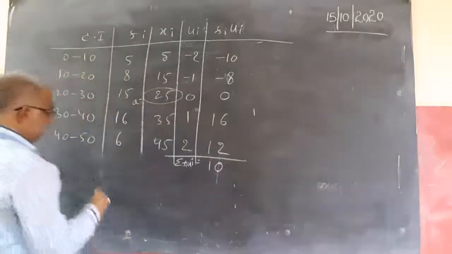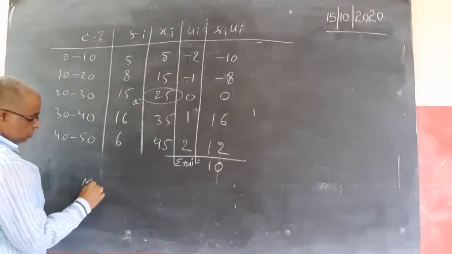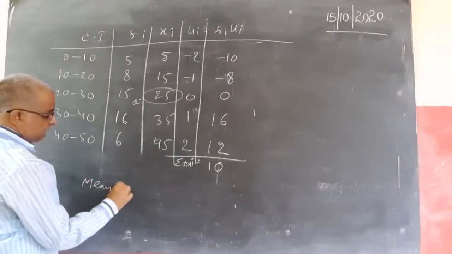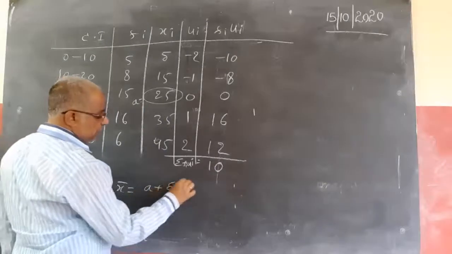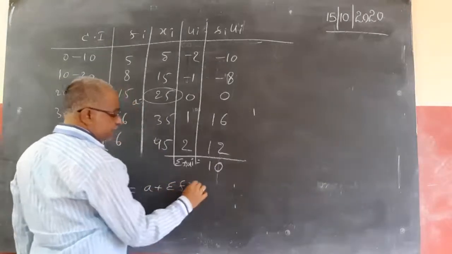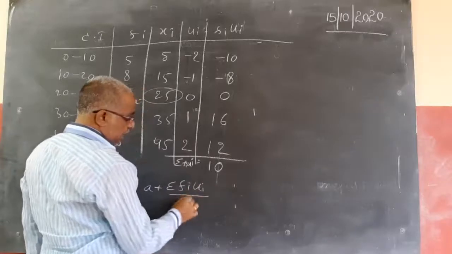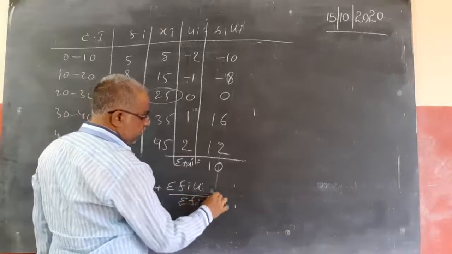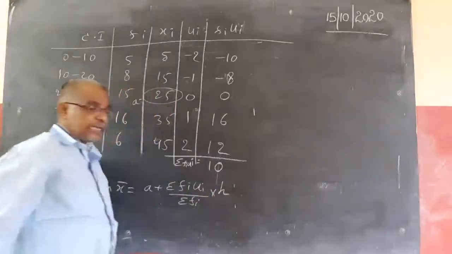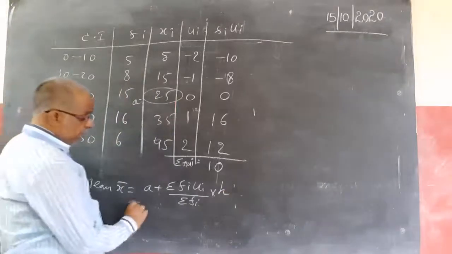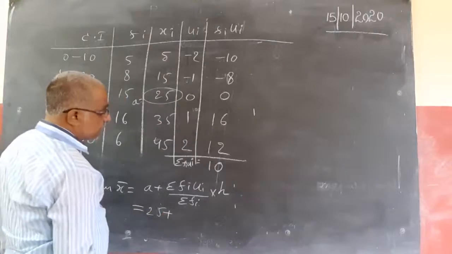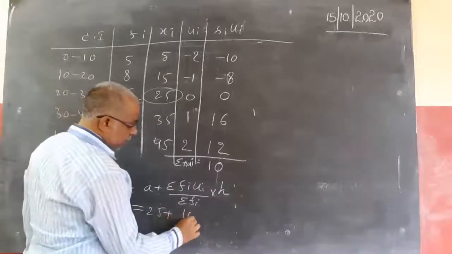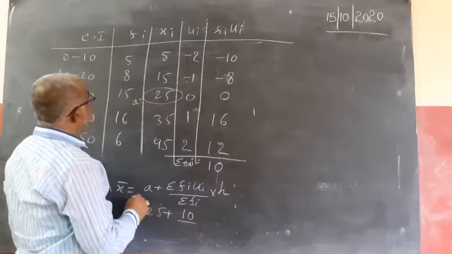Now mean x bar is equal to a plus sigma fi ui by sigma fi into h. In place of ui you can take d also, that doesn't matter. So a is 25 plus sigma fi ui is 10 by sigma fi.